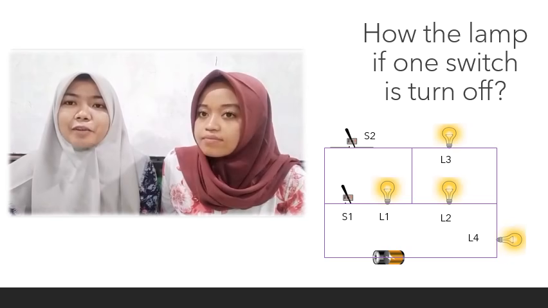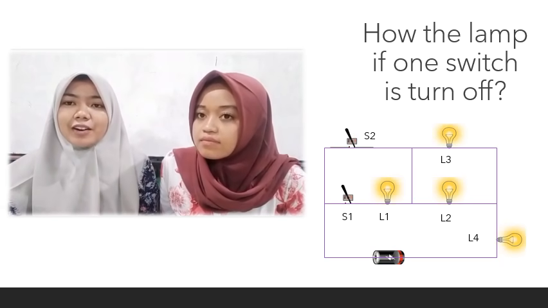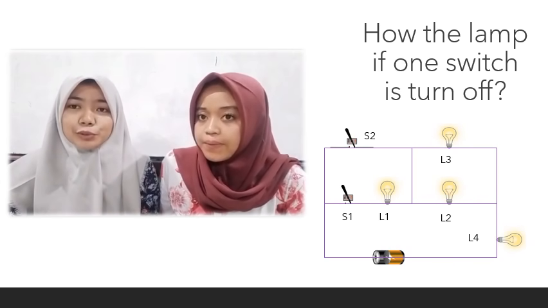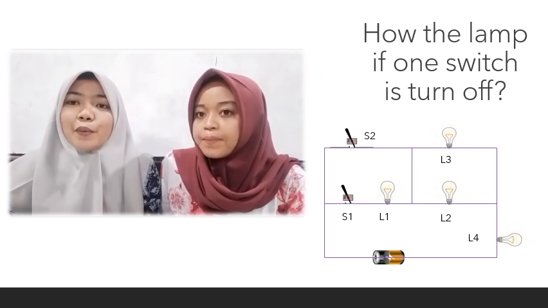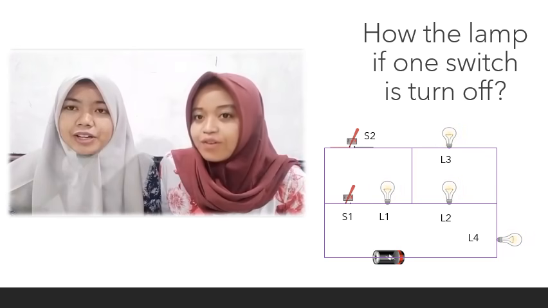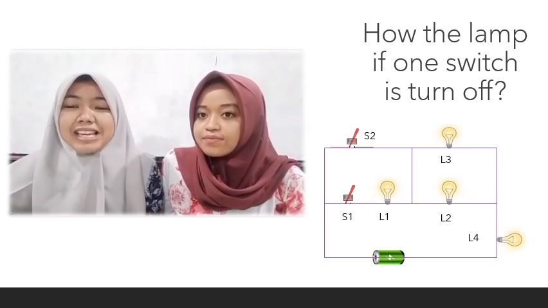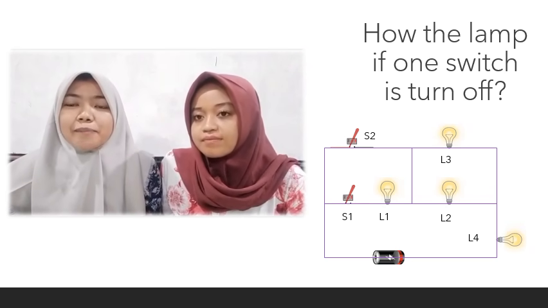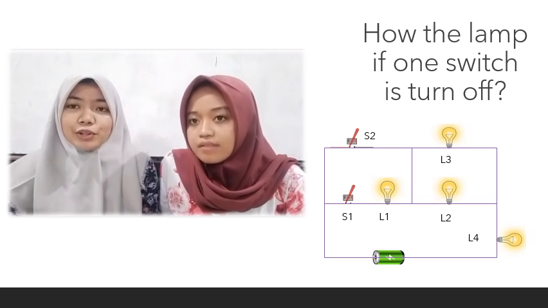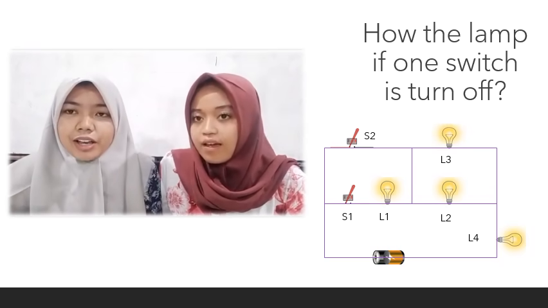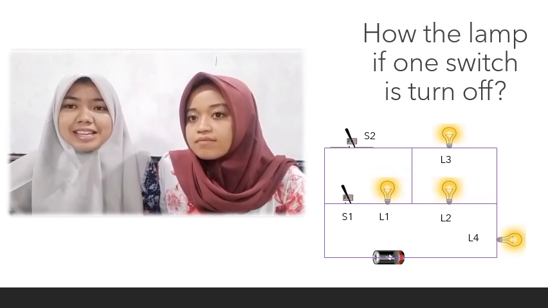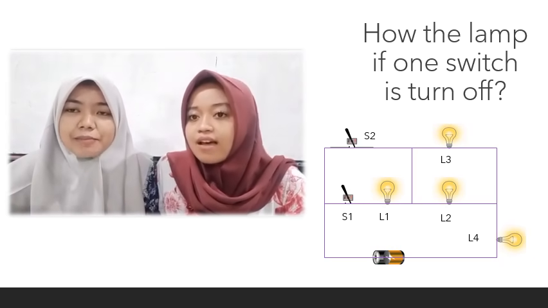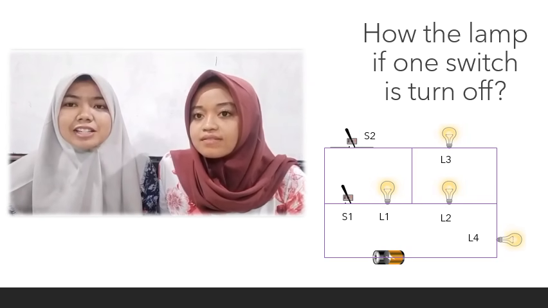And then from lamp 4, the electric current goes back to lamp 3 and 2 because switch 1 is off. So the lamps turned on are 3: lamp 3, lamp 2, and lamp 4. And the lamp turned off is lamp 1 because switch 1 is turned off.